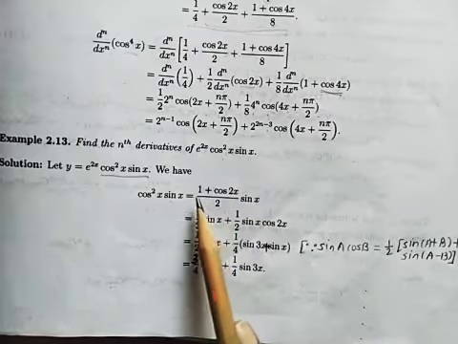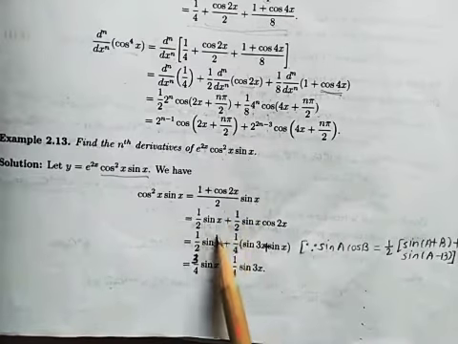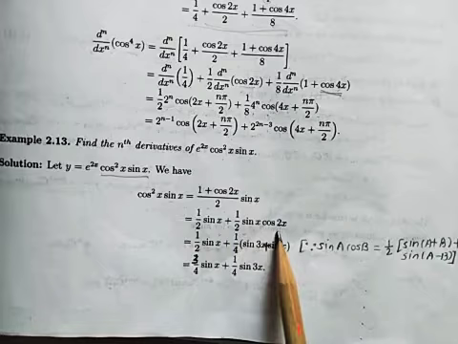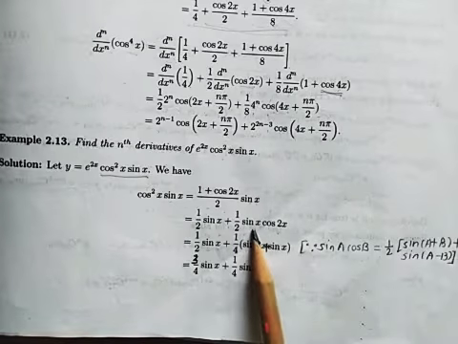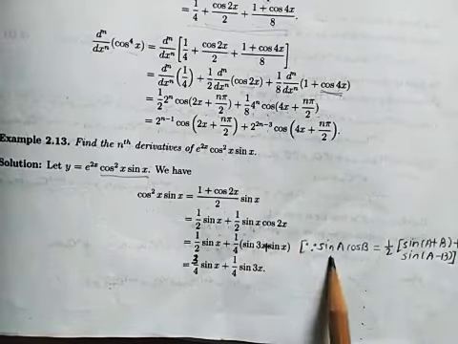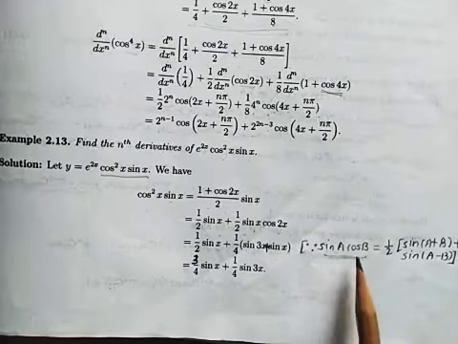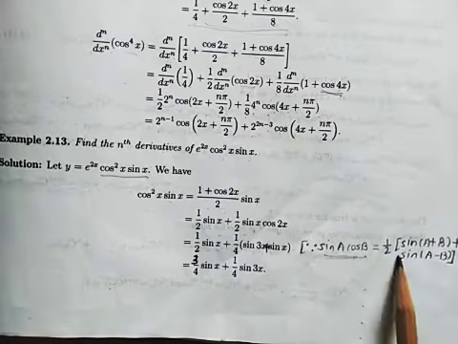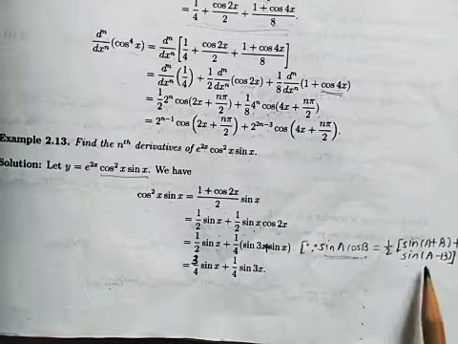Now this can be written as 1/2 sin x plus 1/2 sin x into cos 2x. Now here we will use the formula for sin a into cos b. What is that formula? Sin a into cos b is 1/2 [sin of (a plus b) plus sin of (a minus b)].